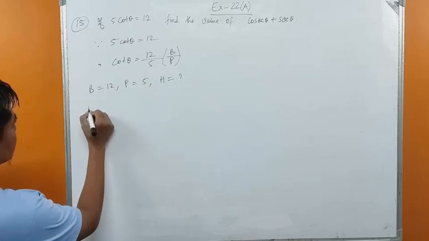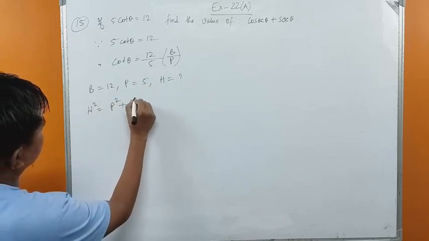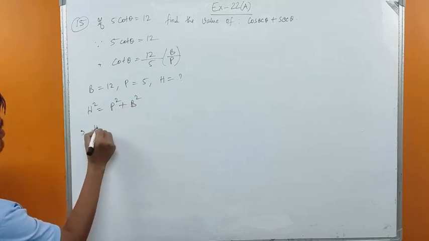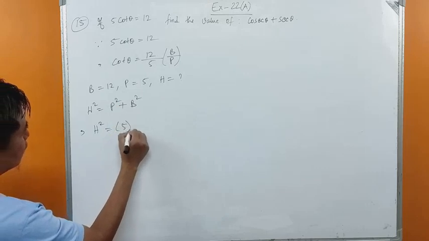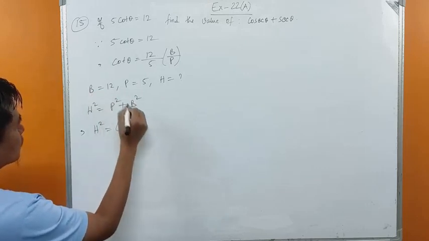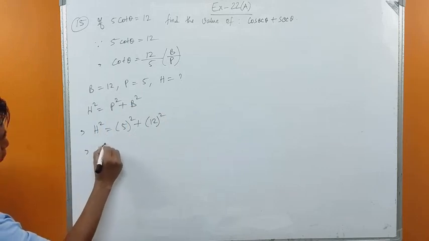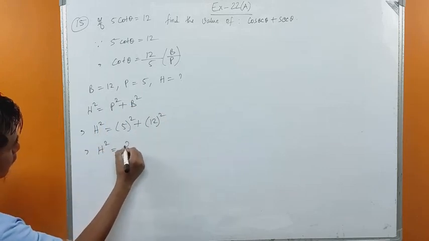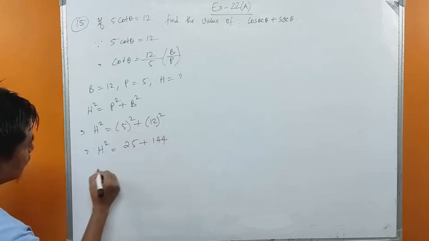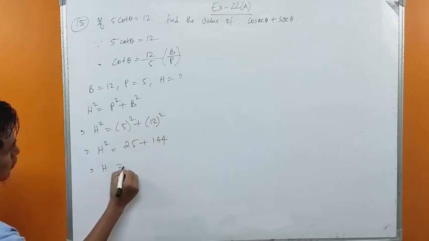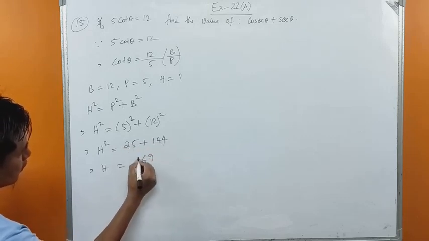Applying Pythagoras theorem, h square equals p square plus base square, isn't it? P is 5 square plus base is 12 square, or h square equals 5 square is 25 plus 12 square is 144, which is 169.